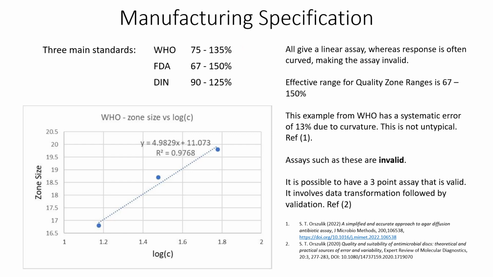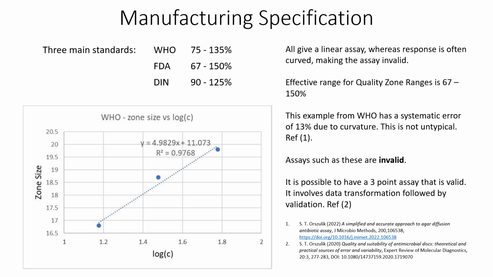The widest one is for FDA, which is 67 to 150% of the amount that's stated on the label. And not only do they give this specification, but they also give a method for testing the discs. And this is an assay, so it's a quantitative assay.